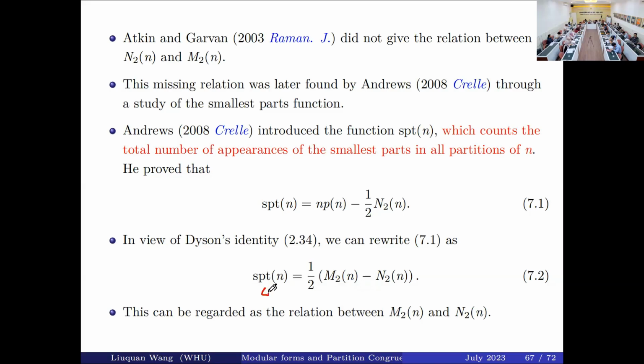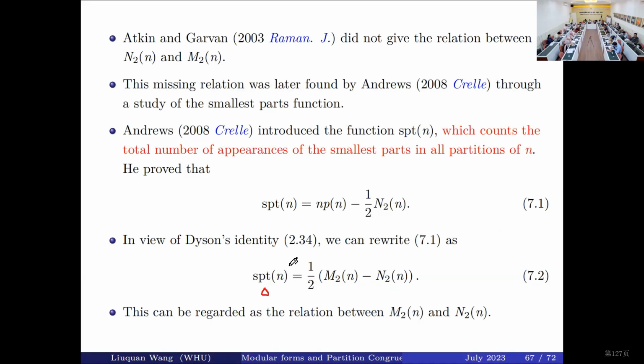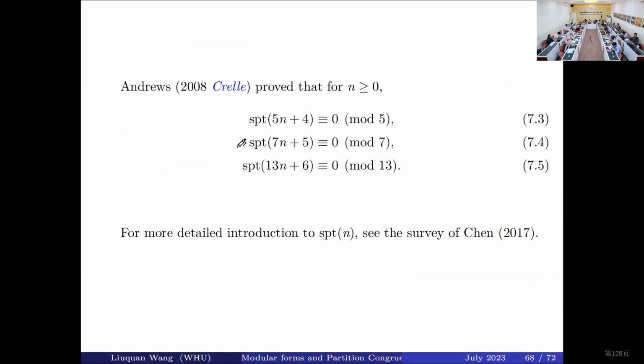Since SPT(n) can be expressed in terms of M2 and N2, SPT(n) also satisfies some very nice congruences. Andrews proved that SPT(5n+4), SPT(7n+5), and SPT(13n+6) are divisible by 5, 7, and 13 respectively. For a more detailed introduction, you can read the survey of William Chen.